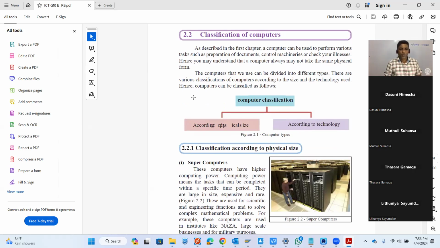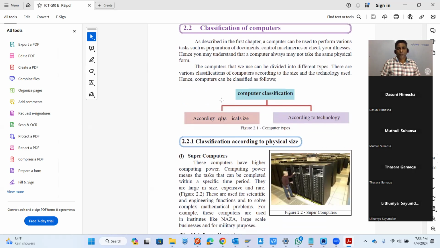Basically, we use computers to perform different tasks, varying from your day-to-day activities to very complex research. For example, analyzing the chemistry of soil brought down from the moon is a very complex scenario.